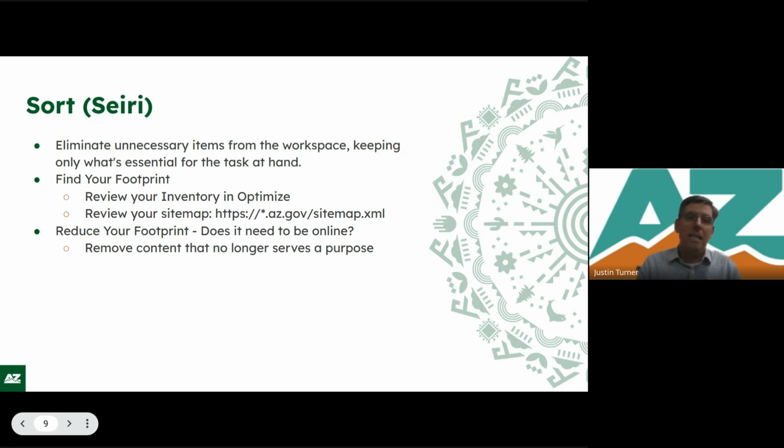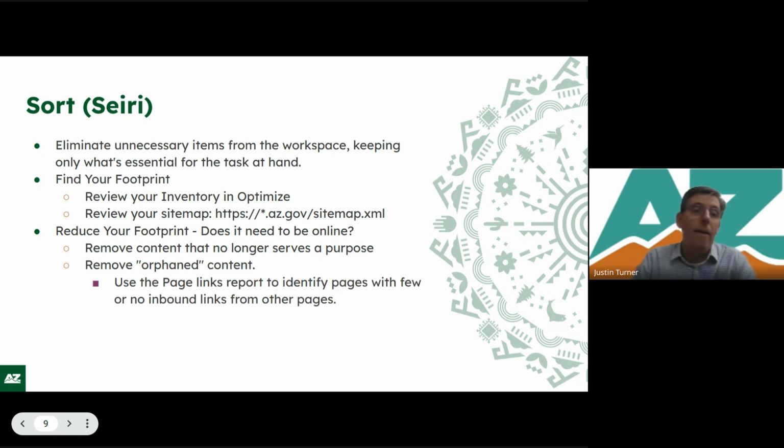The first step in all of this is to sort, meaning reduce the footprint. Look to see if it actually needs to be online. Remove any content that doesn't serve a purpose. Don't try to be fixing a bunch of content that doesn't even need to be there. If you have orphaned content, meaning a web page that's not linked anywhere, it's just there and published, clean out that content.